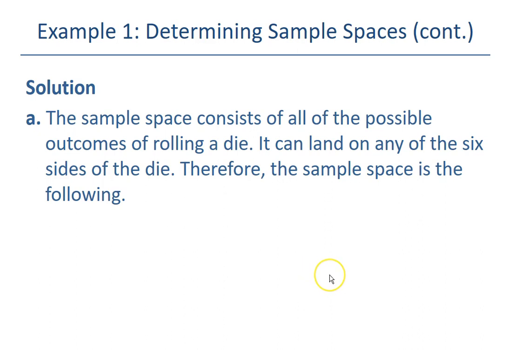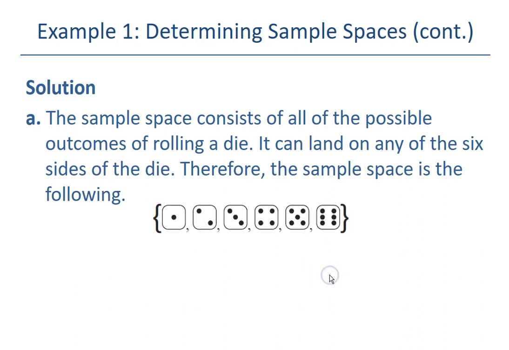All right, we've gone over that for the die. So there are your 6 possibilities. Now, when you roll a set of dice, which is the plural, notice that your sample space is going to increase quite a bit.